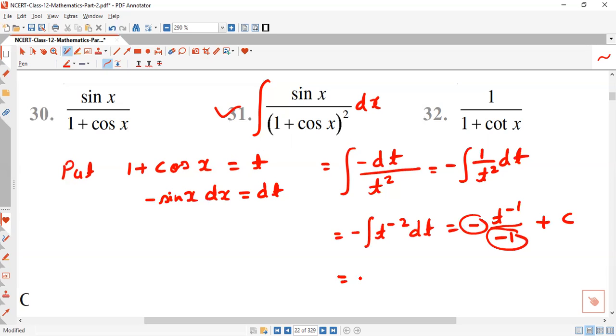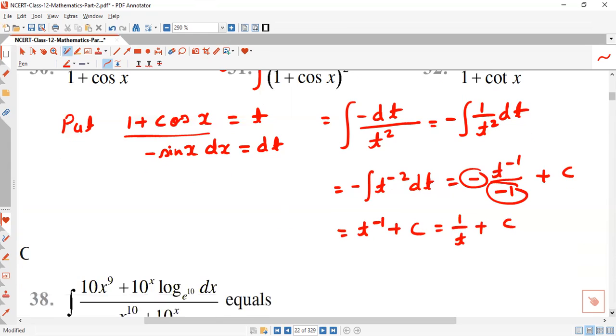So it becomes t raised to minus 1 plus c, or you can say 1 upon t plus c. Put the value of t equal to 1 plus cos x. So we are getting 1 upon 1 plus cos x plus some constant c. This is the answer.